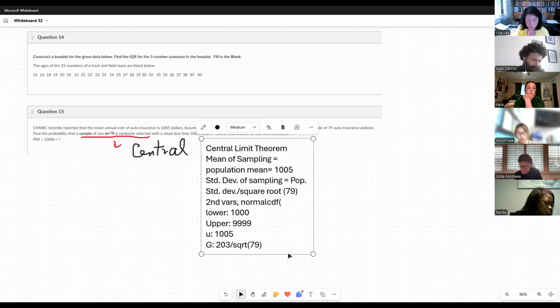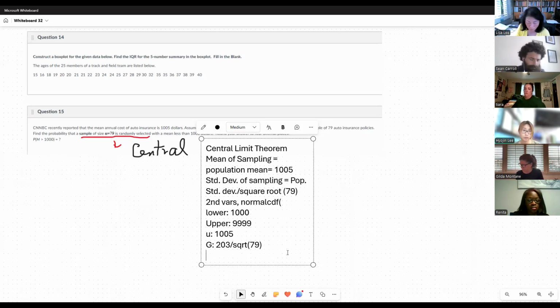The answer will pop out: 0.5866. Did you get that? There are more decimals behind, but we just round off to 4 decimals.